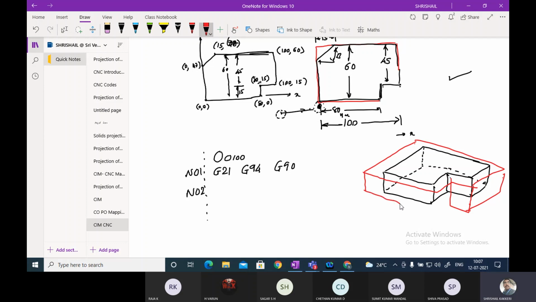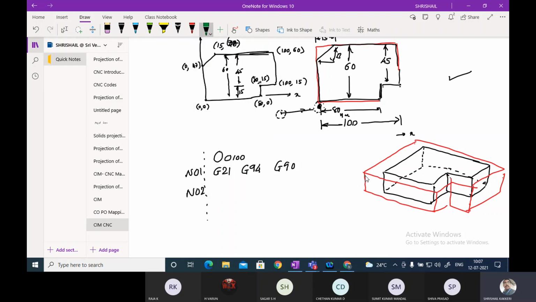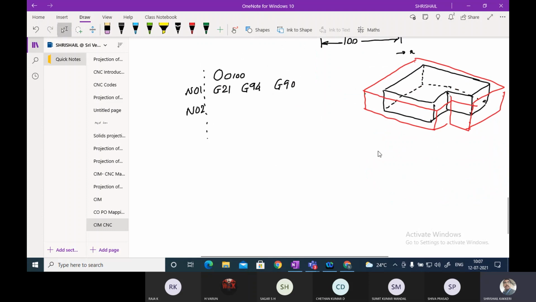Thickness is the same. Only the height is different. Now what I am going to do is the first milling cutter, what will it do? First it will do this 1 mm milling. So the 1 mm milling will be done like this.